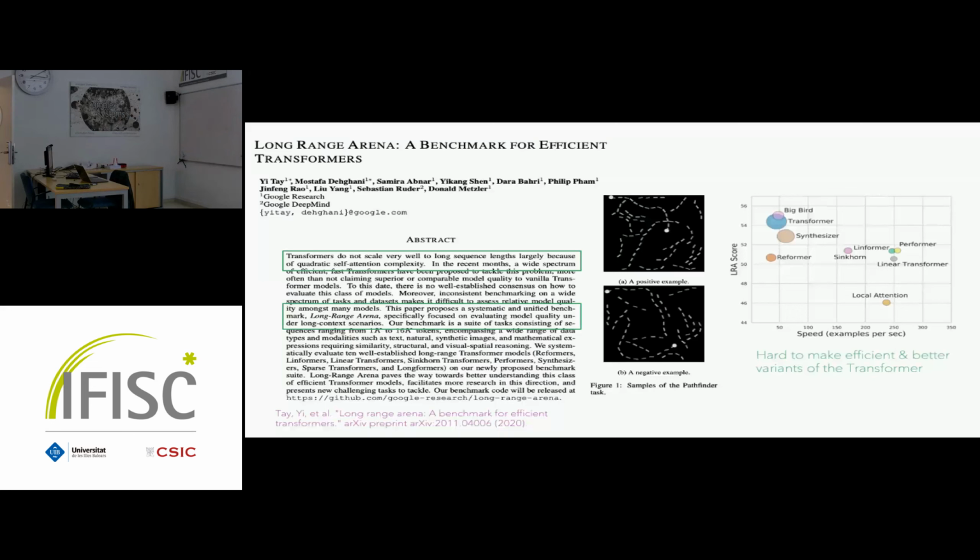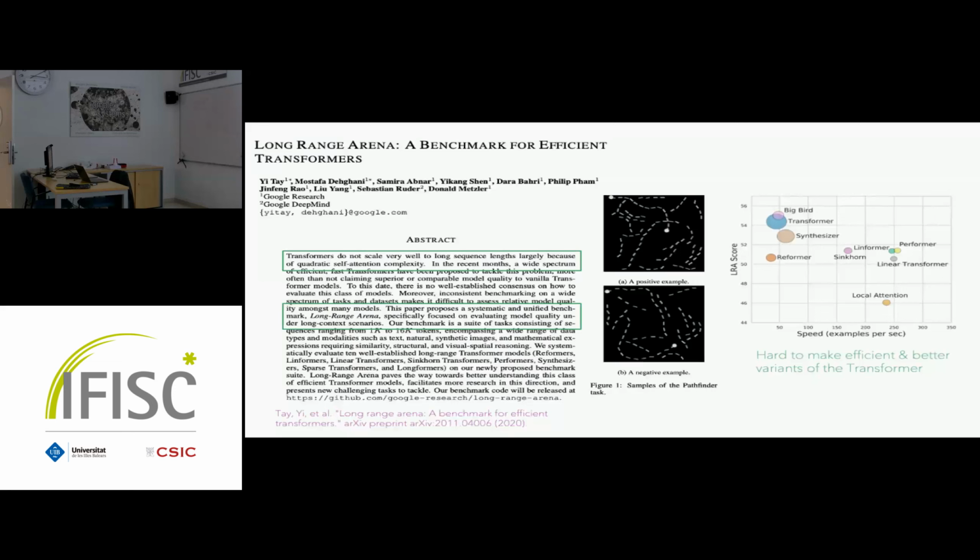And so this paper appeared, Long Range Arena, a benchmark for efficient transformers. Because transformers scale badly, they created a pool of benchmark datasets. And this pool was supposed to challenge all of the available versions of transformers.